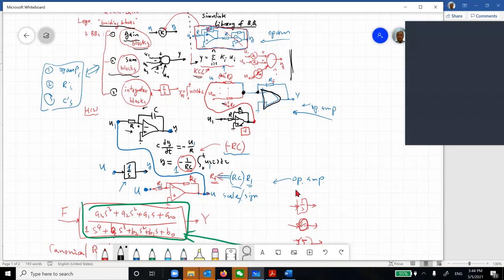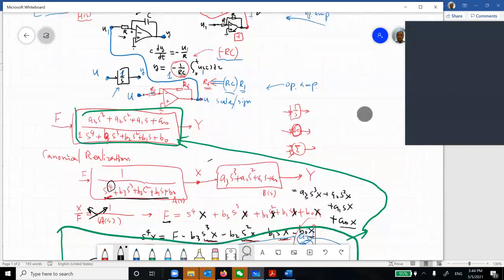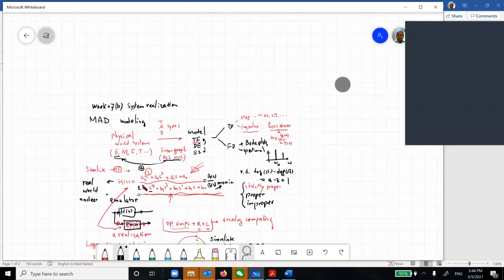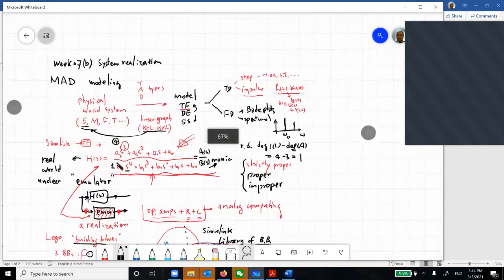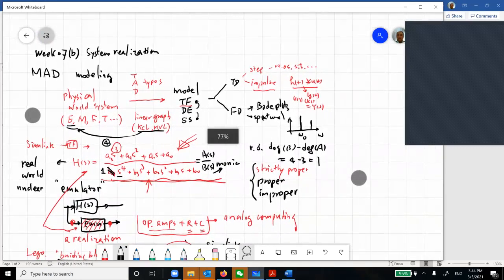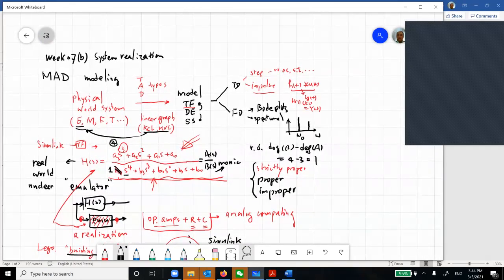I'm not insulting technicians, but I hope you'll remember the MAD from the beginning here. This big picture, MAD, modeling, level of abstraction. So live at the engineer's level. And I think the Simulink MATLAB simulation is always good for everybody to practice to help you understand better.